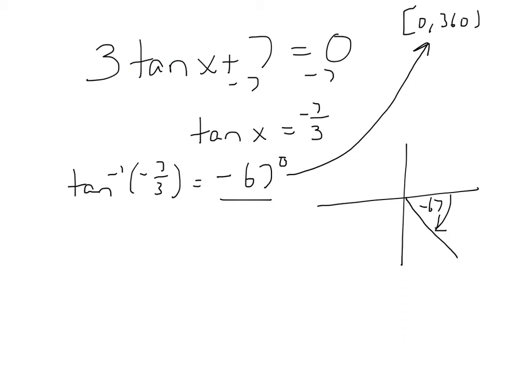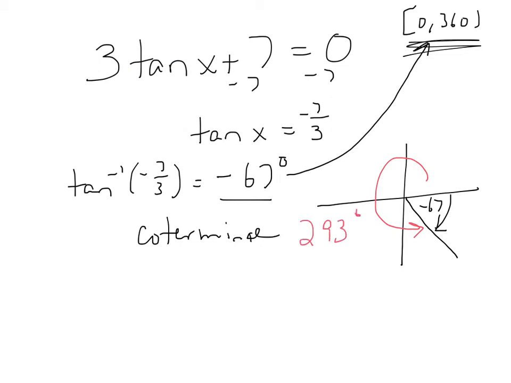We need to take the coterminal angle to that, so that it is in the right interval, which is from 0 to 360. So we need to go this way, and keep in mind that in quadrant 4, that's going to be 293 degrees. Okay, this is actually your quadrant 4 answer.